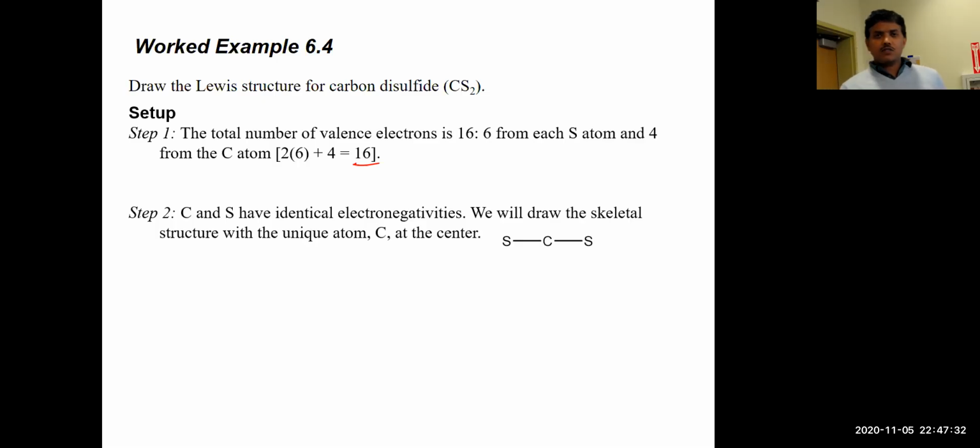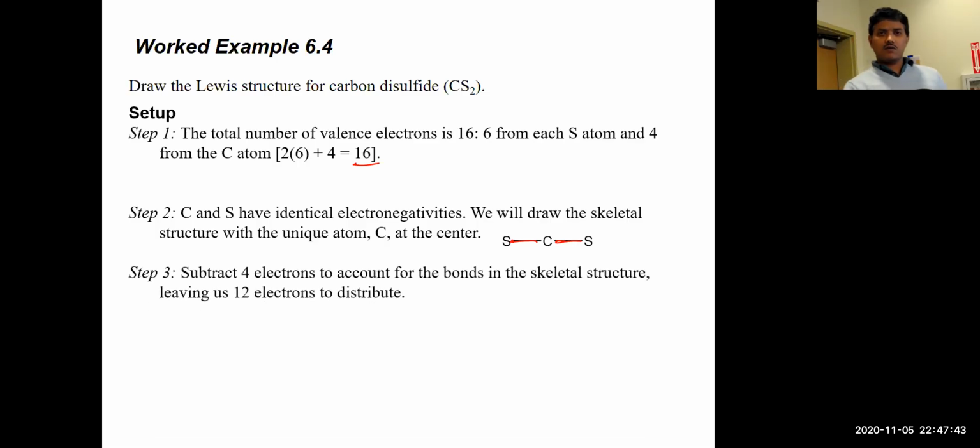So what you have to do in step 3 is calculate how many electrons are used in the basic structure of CS2. You used 4 electrons, you would count that, and you would subtract those 4 electrons from 16. You would end up with a total of 12 electrons now, which are equal to 6 lone pairs.